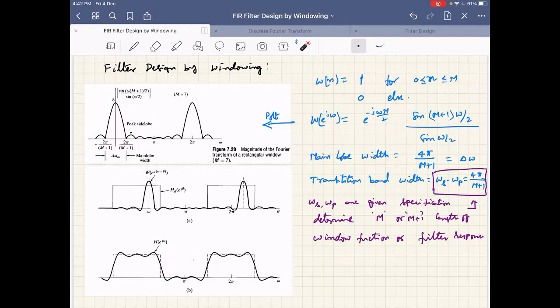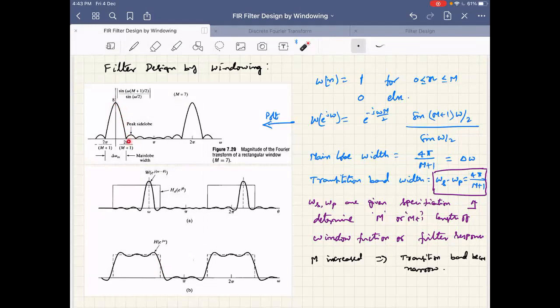So the implication of increasing the filter length, that is if M is increased, is that the transition band becomes narrow. This is an advantage in terms of sharp transition from pass band to stop band. However, what will happen?